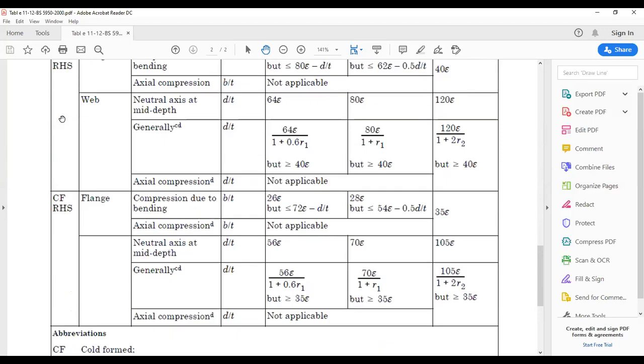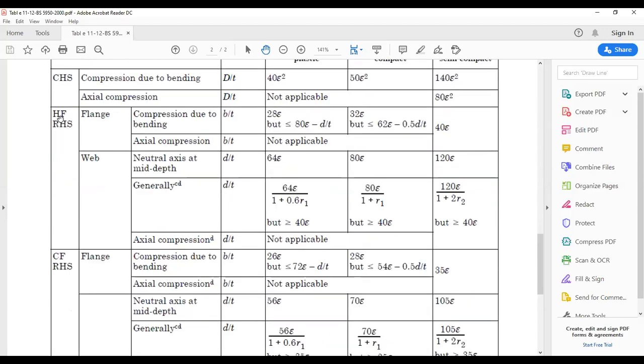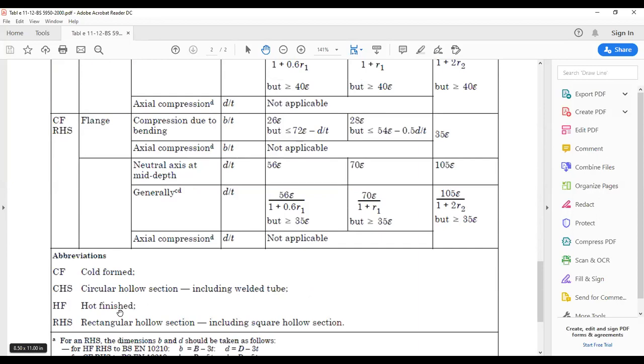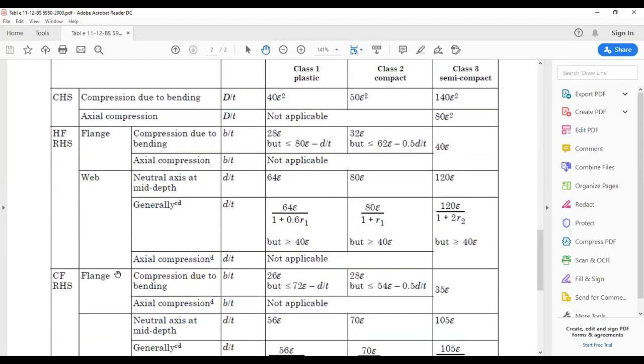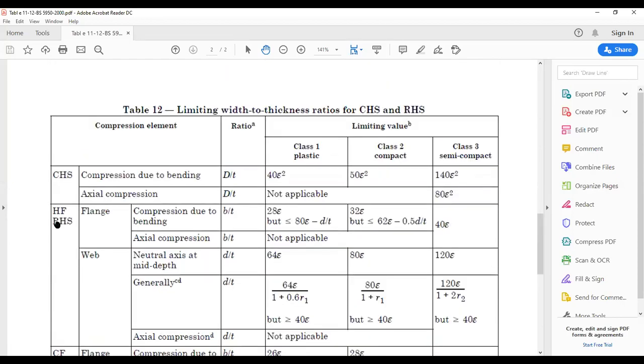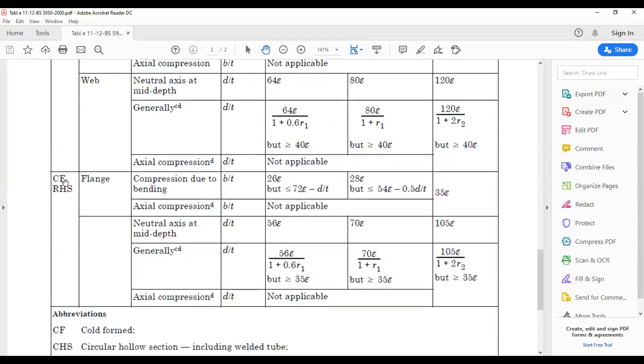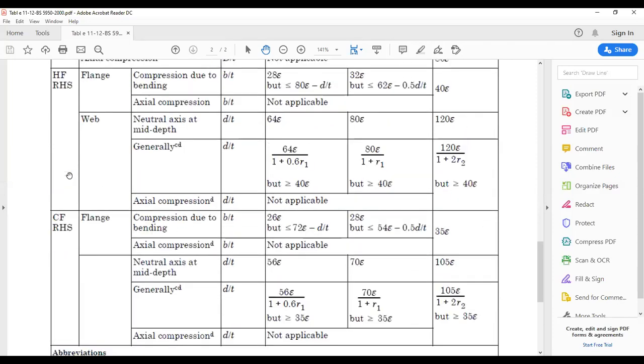So here, HF stands for hot finished, and CF stands for cold deformed. So here you have hot finished rectangular hollow sections, and here we have cold finished rectangular hollow sections.